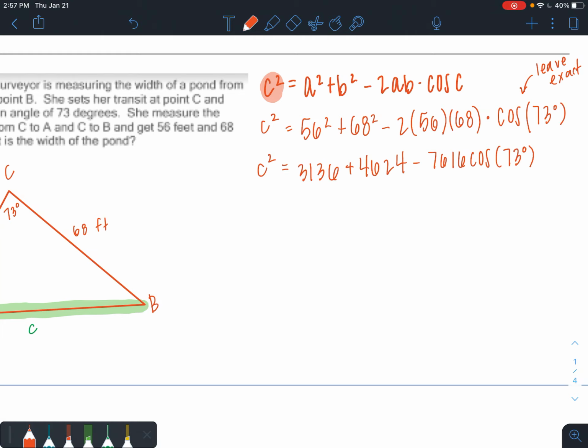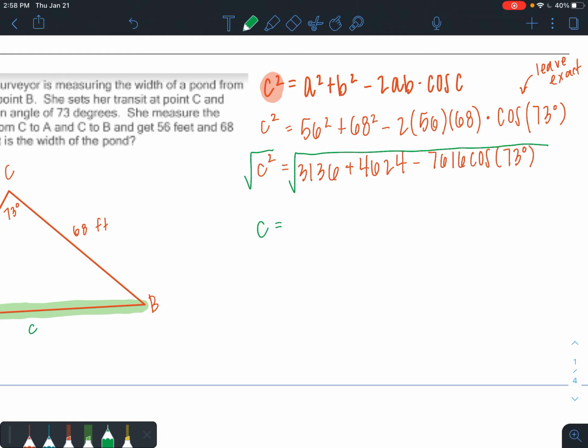Okay, and then we'll just plug this directly into our calculator. Actually, what we're going to do is take the square root of both sides. We don't want to do plus or minus because sides can't be plus or minus, so we get c equals, and we plug that into our calculator just as is, making sure we're using parentheses in the right spot.